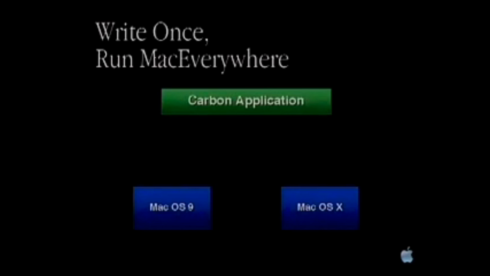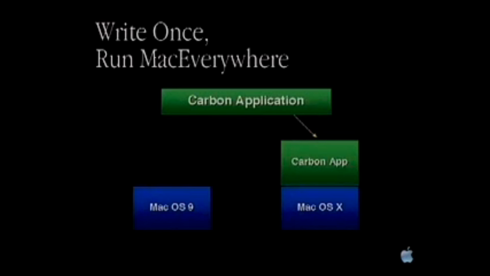Now the way this works is since Carbon is built in as a fundamental part of macOS 10, the app just runs on macOS 10. On macOS 9, we have this thing called the CarbonLib, the Carbon library. So this is, for most APIs, a very thin veneer, a thin shim on top of the macOS 9 API, so it calls right through.